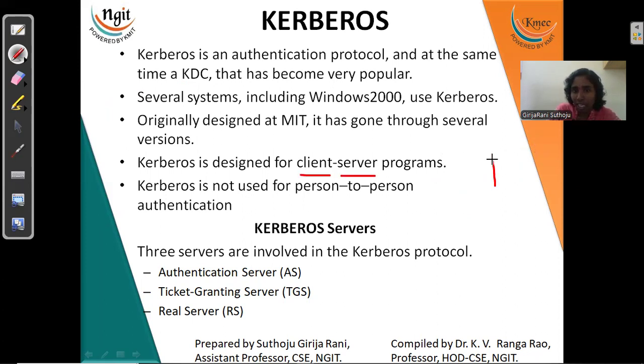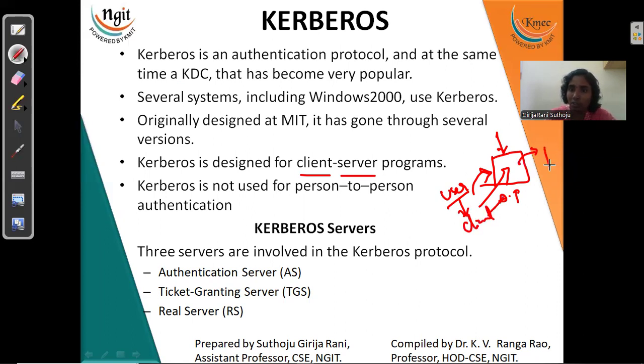When we have KDC as one of the parts, this KDC will be acting as the authentication protocol here. All the users will be in communication with this authentication protocol server to communicate with the remaining users in the same network. So when we say the same network, all the users will be called clients and all the servers will be called real servers, right?